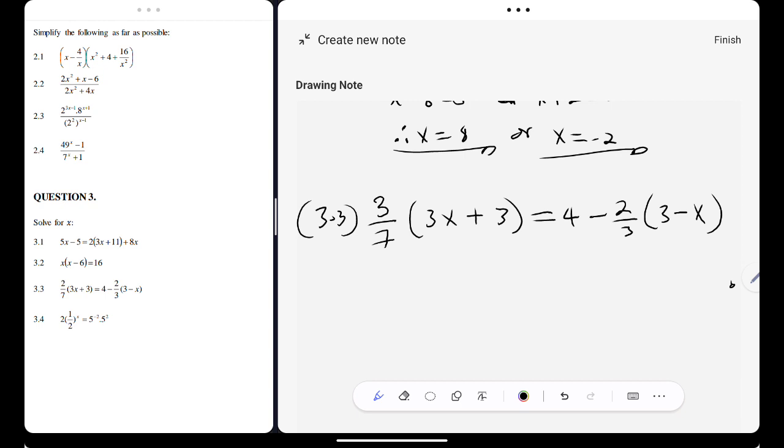Okay, here since I have fractions, for me to remove fractions I must multiply everything by the lowest common denominator.